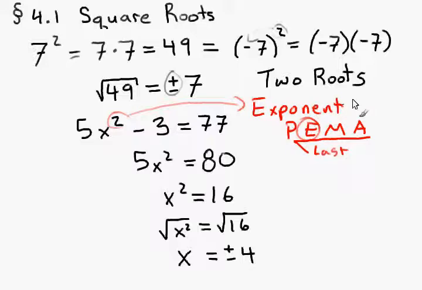Let's take a look at another example. We're going to have 3 times the quantity x minus 2 squared plus 5 is equal to 13.